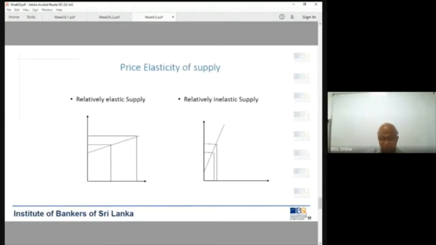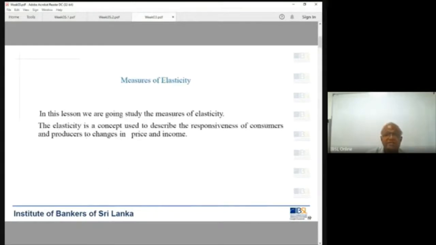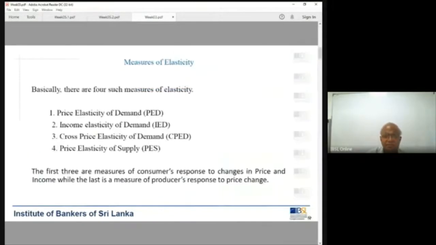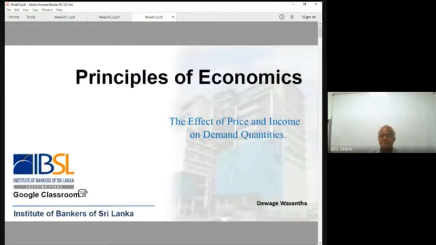Last week we started the discussion on elasticity: the effect of price and income on demand quantities. We said there is a negative relationship between price and quantity demanded when other factors are held constant. That is the law of demand.